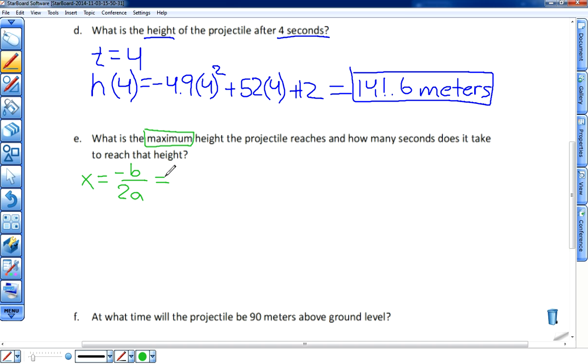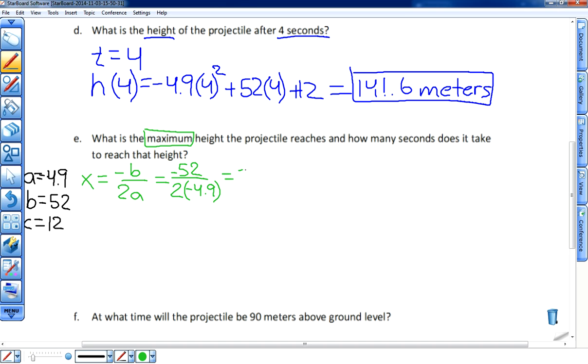What does this equal? Well, we know our b value is 52, from our equation. Let's write those down really quick. Our a value is equal to negative 4.9. Our b value is equal to 52. And we already know that our c value is equal to 12. So back to our problem, negative b. So that's going to be a negative 52 divided by 2 times a being negative 4.9.